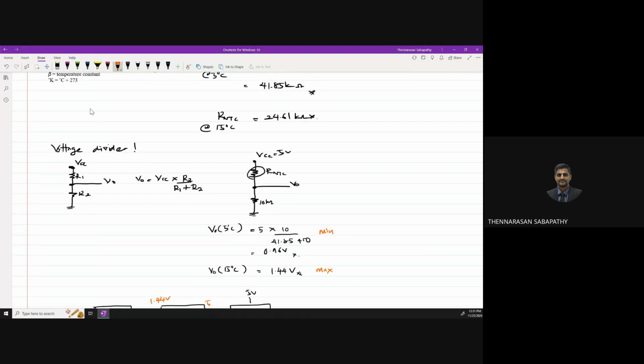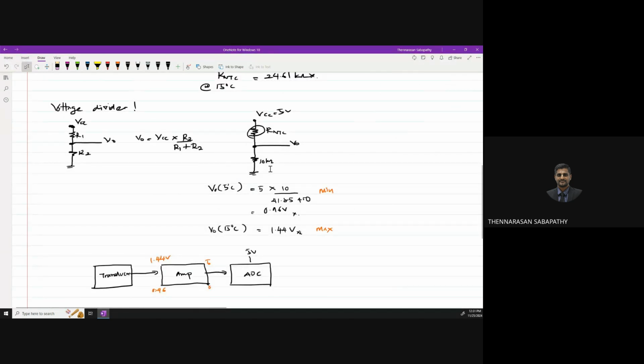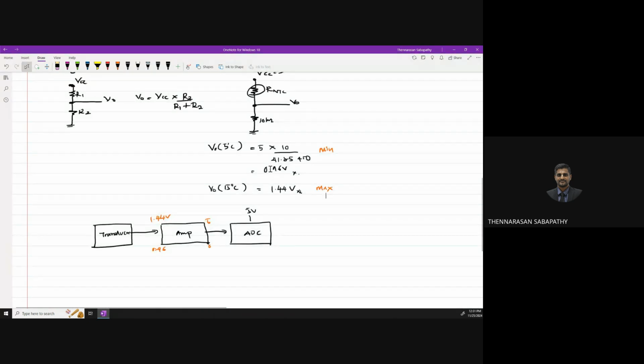So this is the operating range. And if you want to connect with your application, you might have some particular temperature range, above or below which your device produces some output.